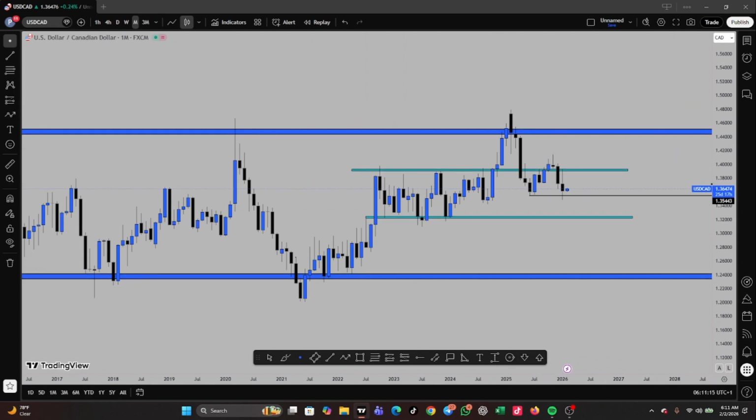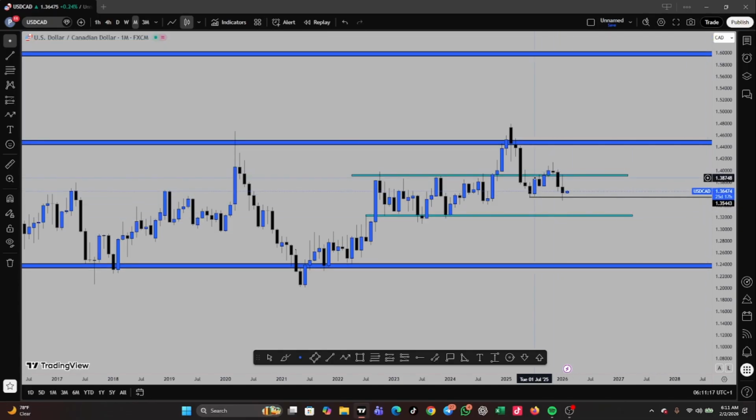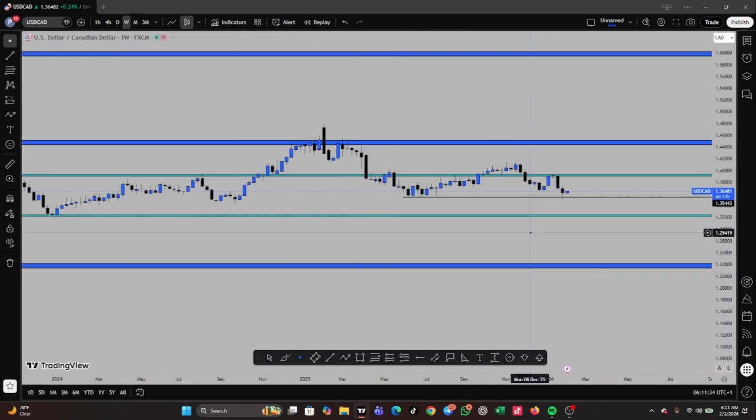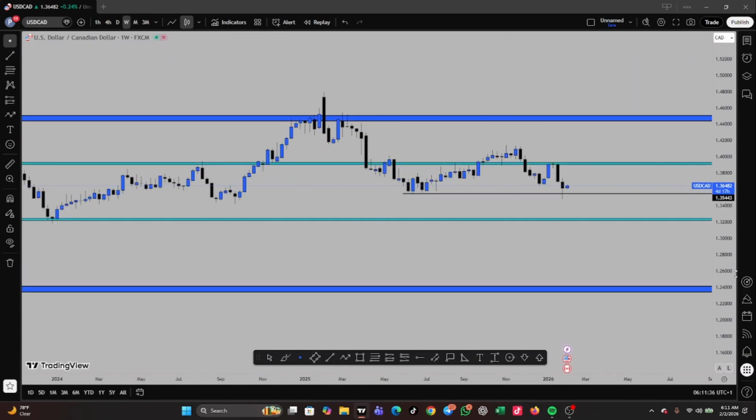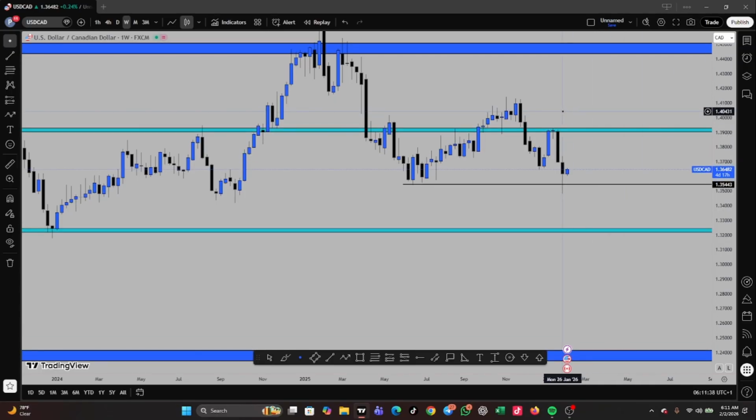USD/CAD, I'm expecting a bearish run because price went to touch this major resistance. We drop, we find ourselves below this minor resistance, we push up, break back down, and price retested that point, and now we are expecting the market to continue its bearish movement.